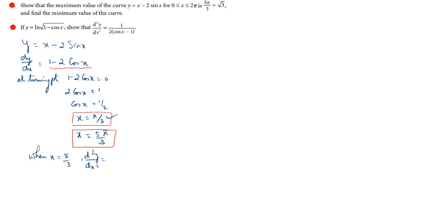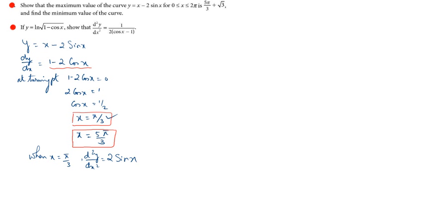So it will be 0 minus 2 sin x, so it will be 2 sin x, minus 2 into minus sin x. So it will be 2 sin x.